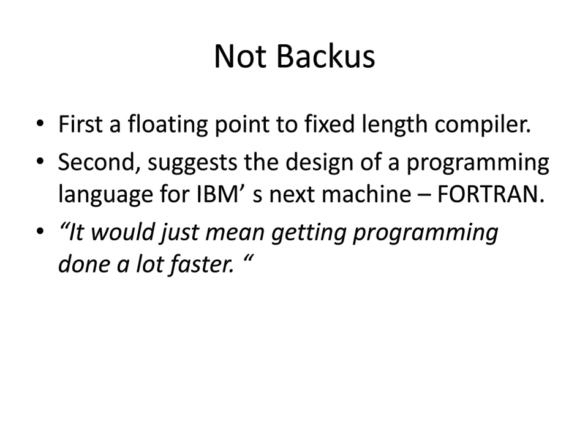And so if this high-level language is slow, then it's really not going to be worth anything. But he convinced his management that he could make it efficient and that it would make programming get done a lot faster.